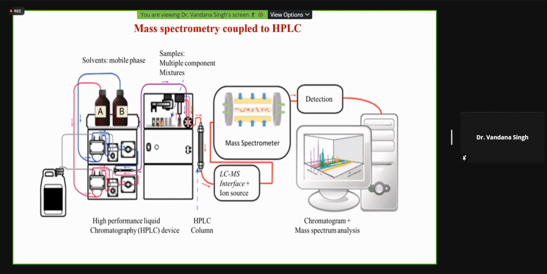Generally, the mass spectroscopy is not directly used to analyze the sample. They are always coupled to either HPLC, liquid chromatography, or gas chromatography.